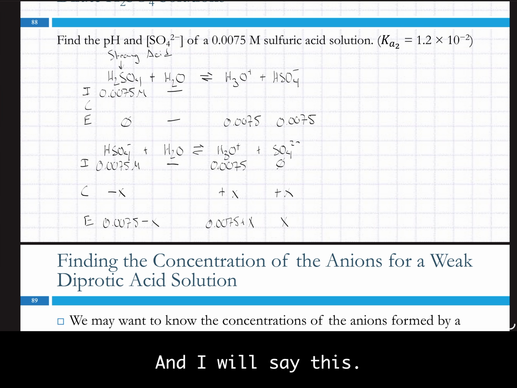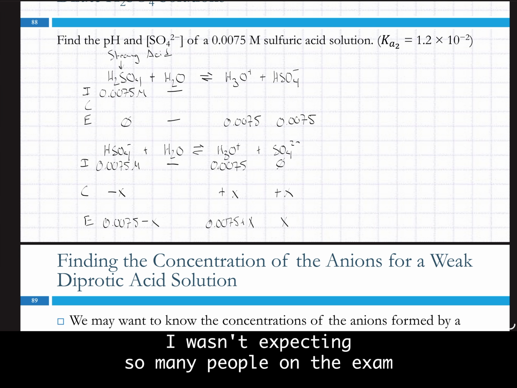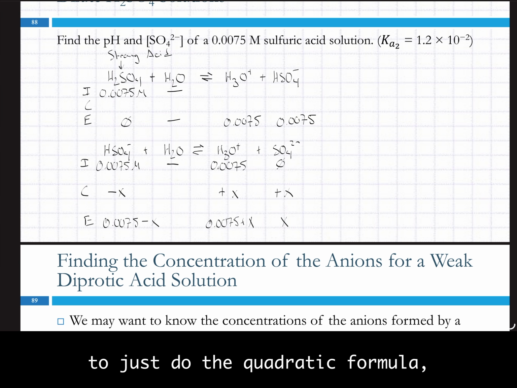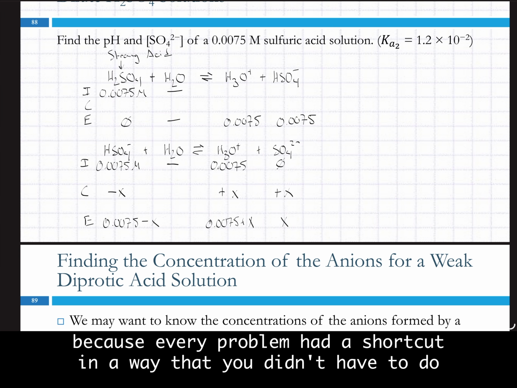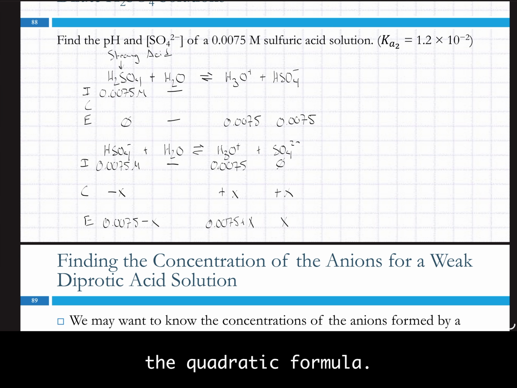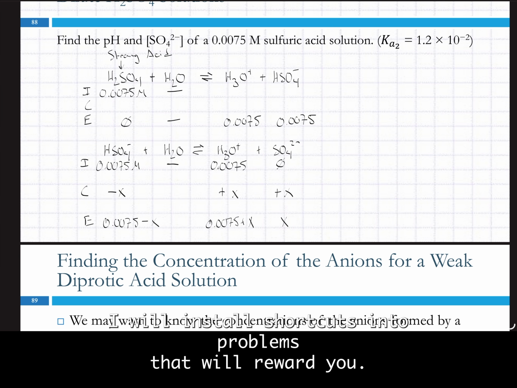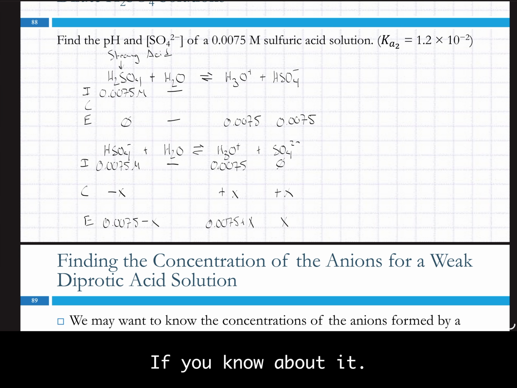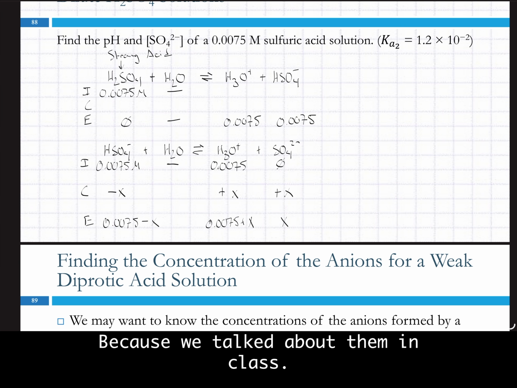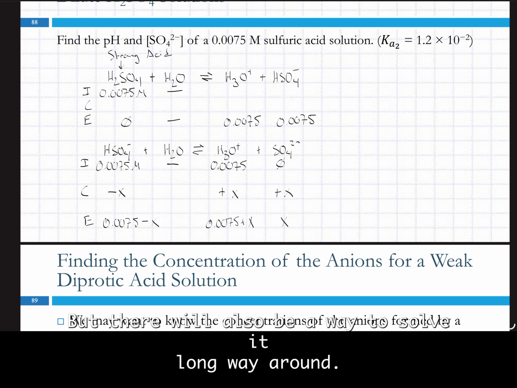And I will say this, I wasn't expecting so many people on the exam to just do the quadratic formula, because every problem had a shortcut in a way that you didn't have to do the quadratic formula. If at all possible, I will install shortcuts into problems that will reward you if you know about them, because we talked about them in class. But there will also be a way to solve it the long way around.